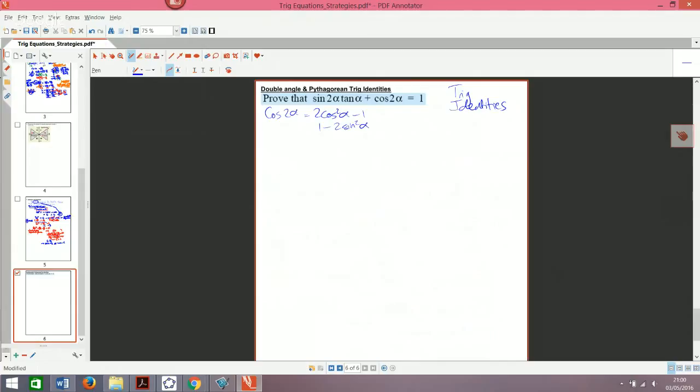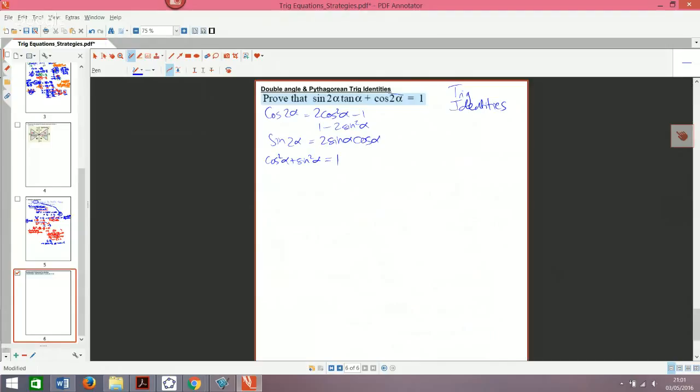And sine 2 alpha, there's only one option, 2 sine alpha cos alpha. And cos squared alpha plus sine squared alpha equals 1.